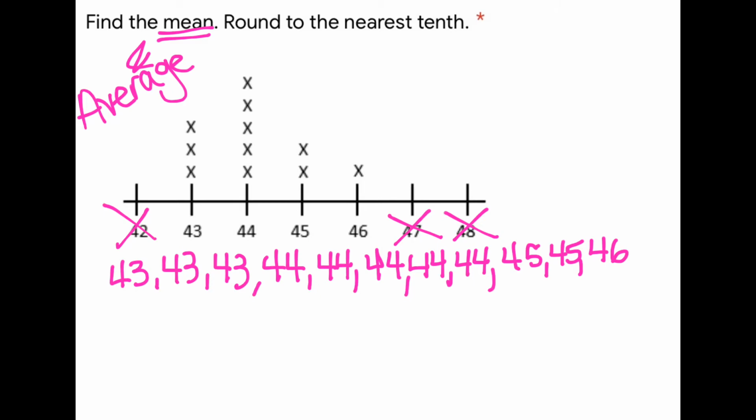The mean is the average. That means you need to add them all up. Add all the numbers up. And when you add, I'm going to give you a moment. Go ahead and add all of those numbers up.